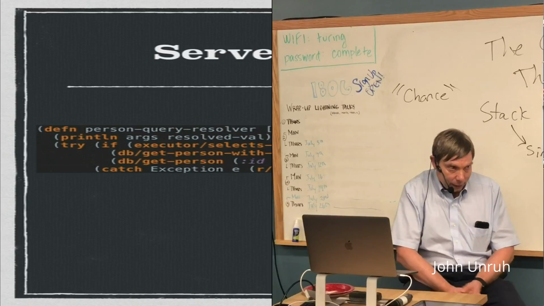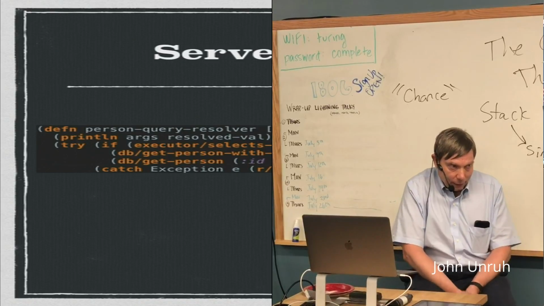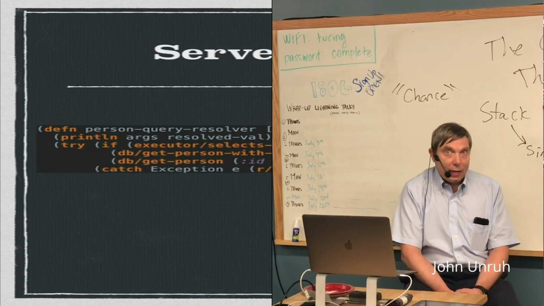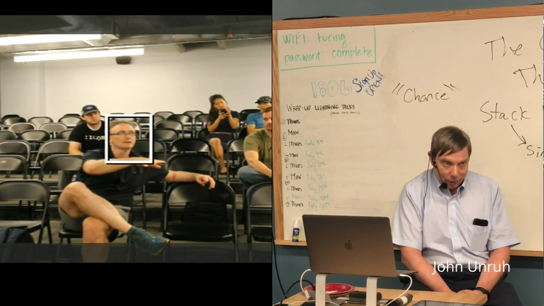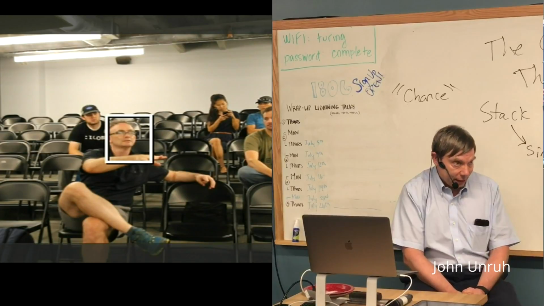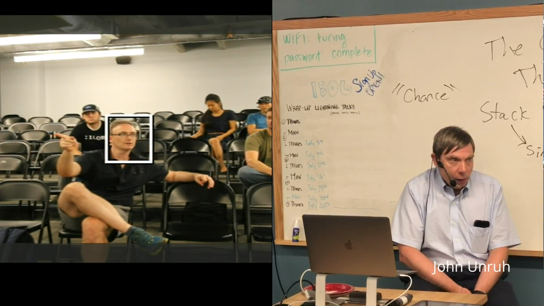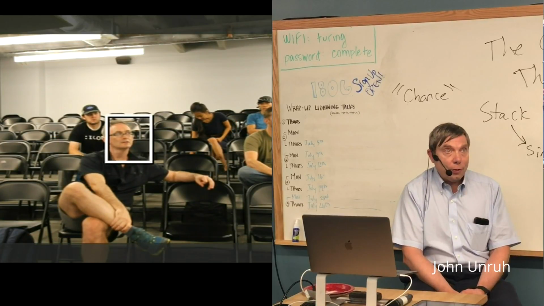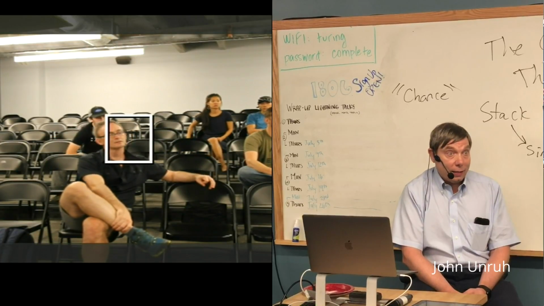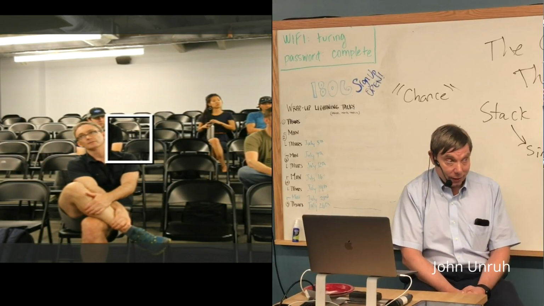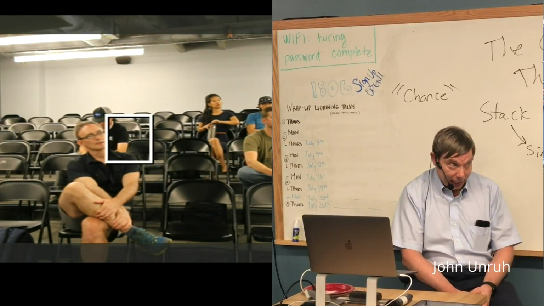But, like, on the client, you can ask for anything from the people table, as long as it's in the schema. Yes, as long as it was included in one of the types of the schema. So how do you handle that in the resolver? Well, if you don't have to worry about the records being really long, the easy thing to do is just do select star, and Lacinia will filter out the stuff that wasn't asked for.